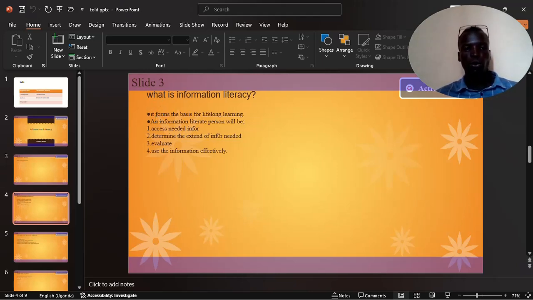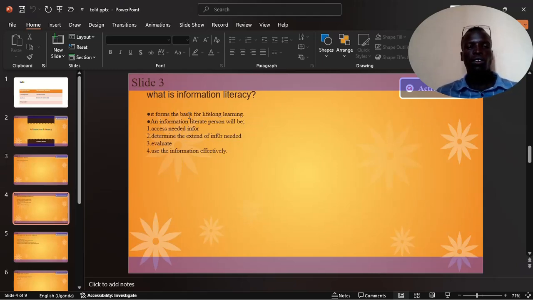From here, we see that information literacy forms the basis for lifelong learning, and it is applied to all levels of education and all disciplines. This serves as the way where the student can investigate and be self-directed to get the source of information and any related articles in their level of learning.